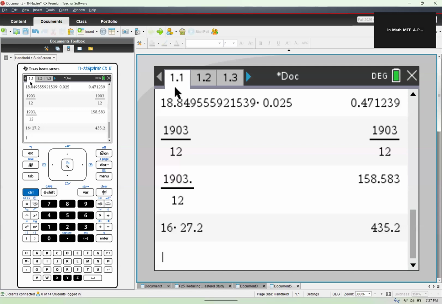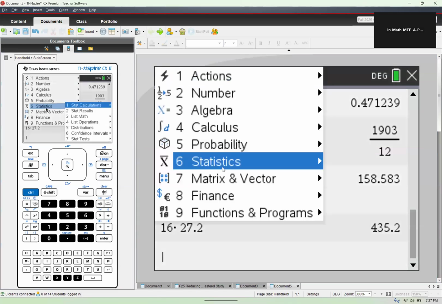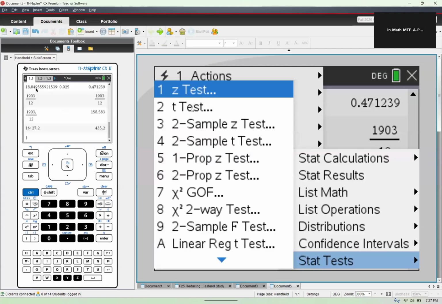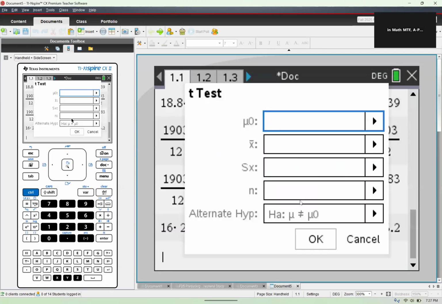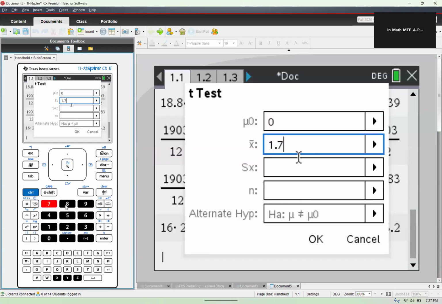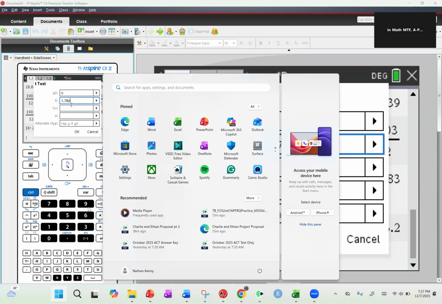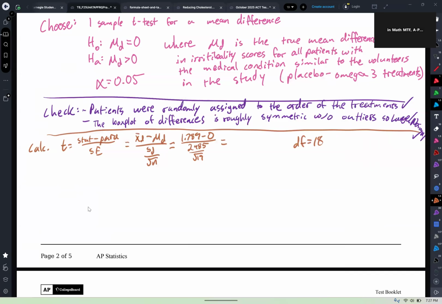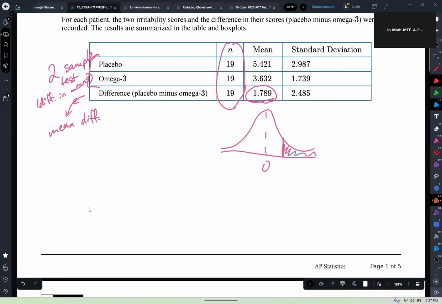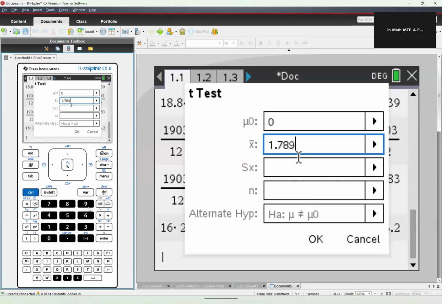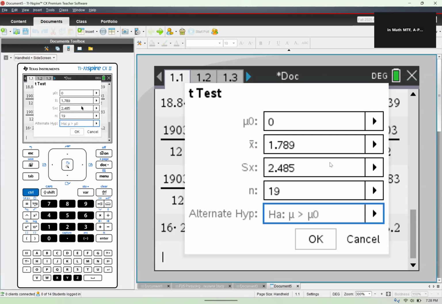So let's see. Menu, stats, test. It's going to be a one sample t-test. I've got statistics. We said 0. 1.789. I hope I remember that right. And 2.485. Sample size of 19. We said mu is greater than.